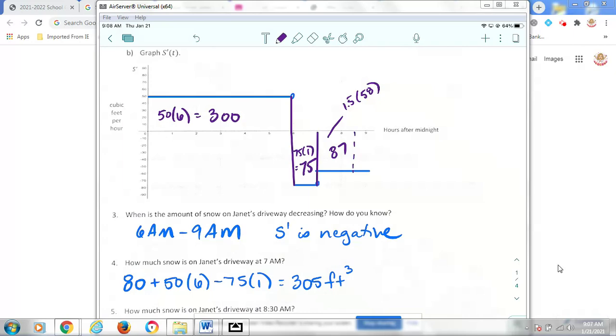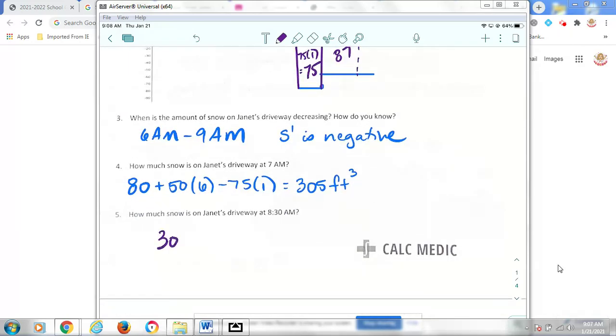Okay, so the area of that one should be 87. So we would take that area we just found and subtract that from it. And we could go back and do 80 plus minus and then another minus, or go ahead and just use the one we already found since we're accumulating.